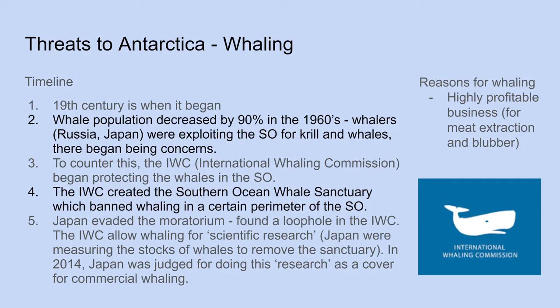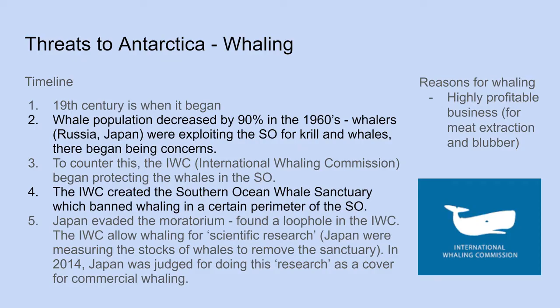So whaling began in the 19th century, and by the 1960s, the whale population had decreased by 90%, because whalers, basically countries who did whaling, such as Russia and Japan, were exploiting the Southern Ocean for krill and whales, and there began to be concerns.